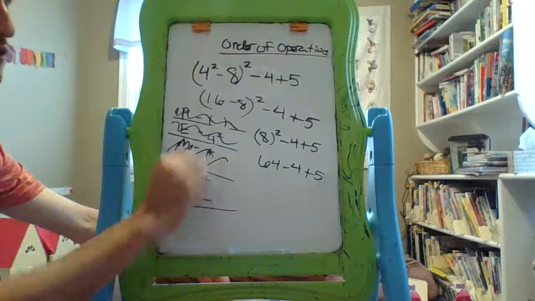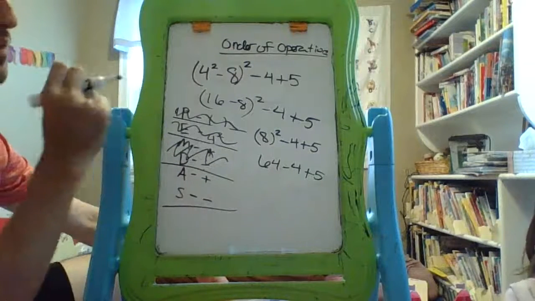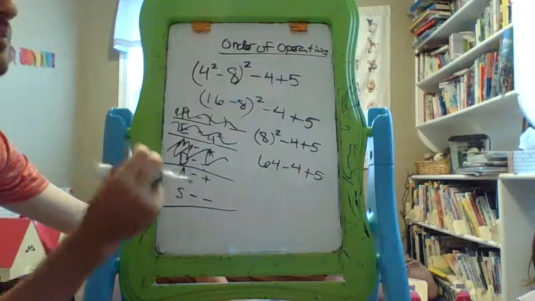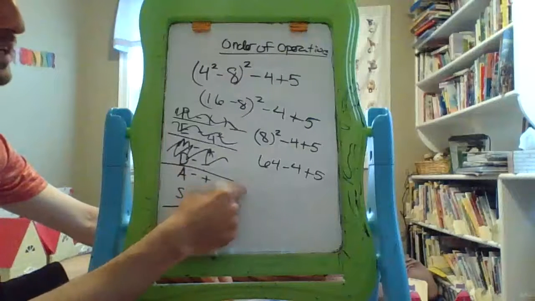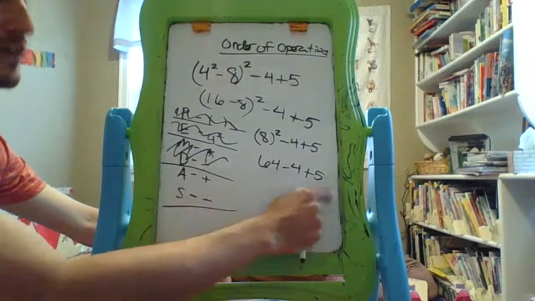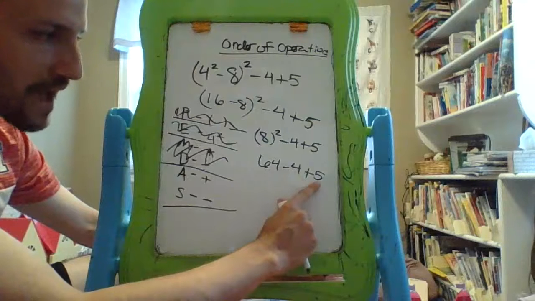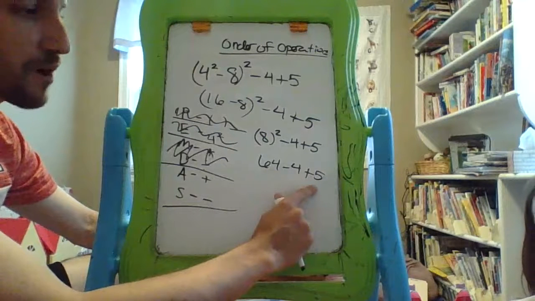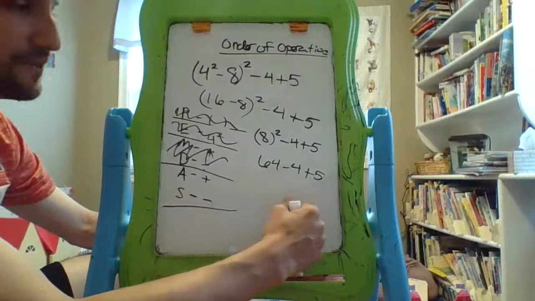But again, these are of the same importance. They're the same type of arithmetic computation. I have my addition and my subtraction right here. I do whichever one comes first. So some people would do the 4 plus 5 and get 9 and do 64 minus 9, and 64 minus 9 is 55.